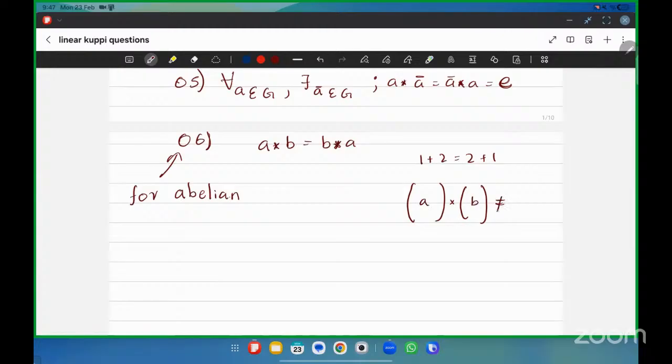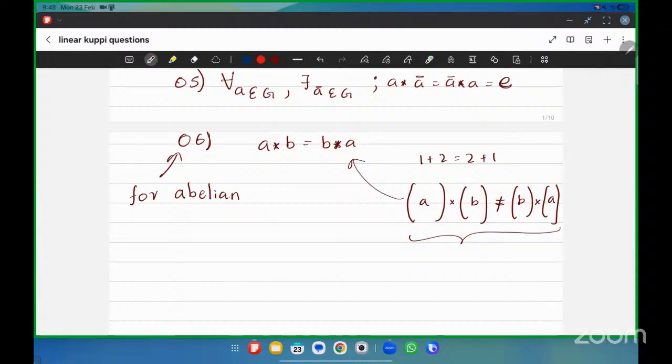A times B doesn't equal B times A. So with matrix multiplication we can't switch the elements between first and second. If we switch them, it won't be the same. So matrix multiplication can't get into the abelian group.